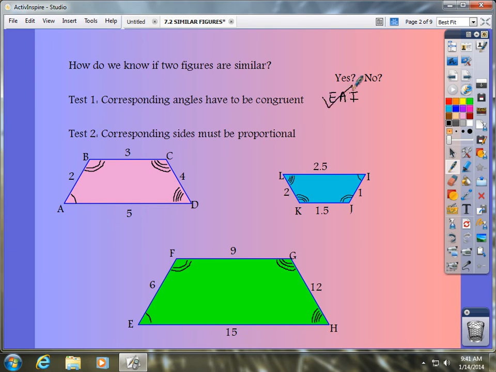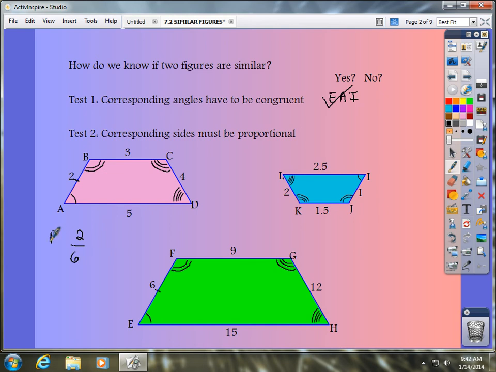Okay, the second test is corresponding sides must be proportional. So if we look at the side between angle 1 and angle 2, and I'm going to call them angle 1 and 2 because of the bars, we have 2 and 6. So I'm going to set up the sides of the small one, the purple one, and the green one.